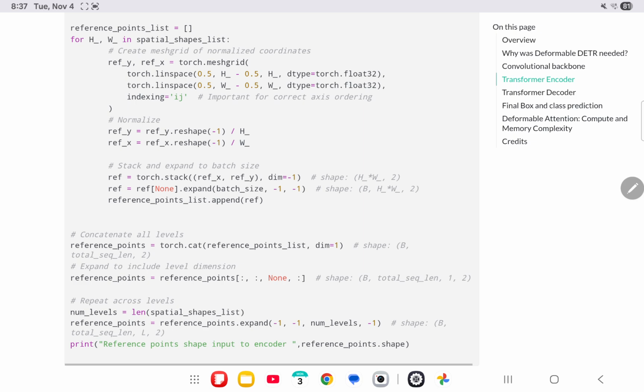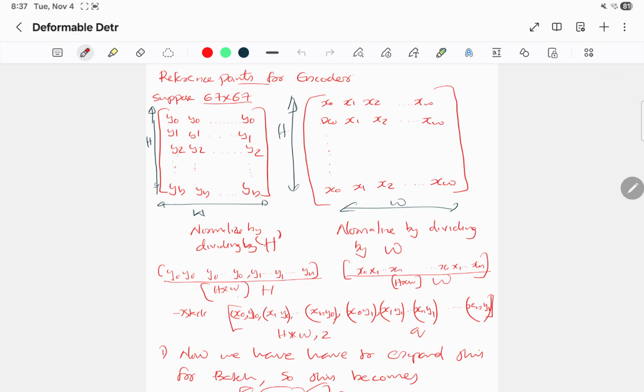If you want a more clarified explanation, I have a small note. Here we have the meshgrid output. Suppose we are going through 67 by 67, the meshgrid will start from 0.5 and end at 66.5.